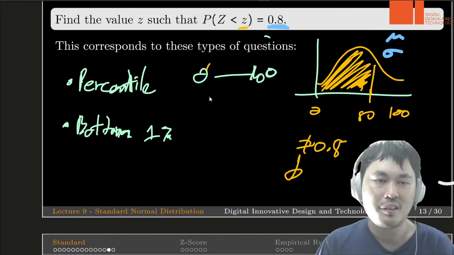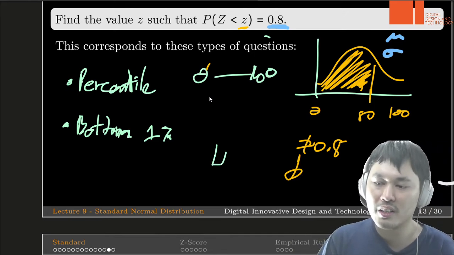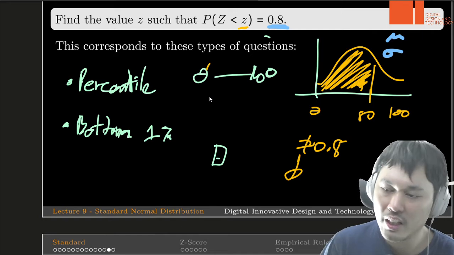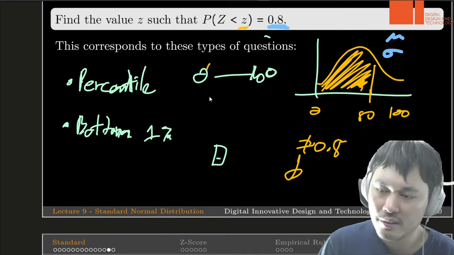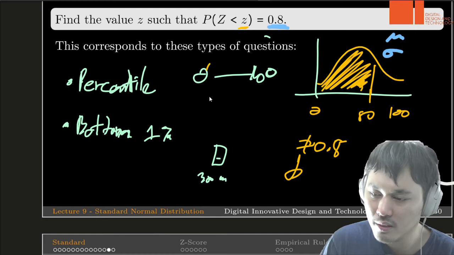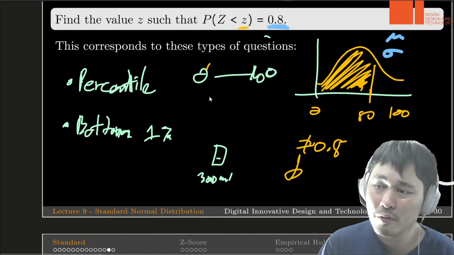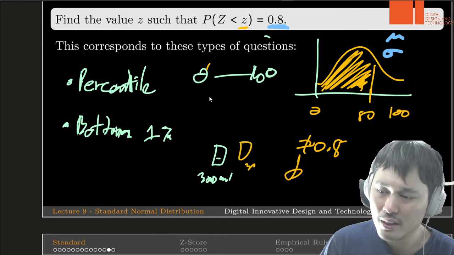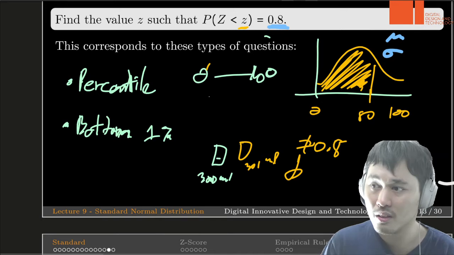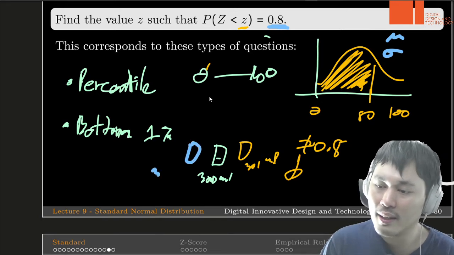Let's say you produce drinks, and some drinks contain exactly the amount indicated on the side, say 300 milliliters. But by some imperfection, some are slightly more, and some contain slightly less.